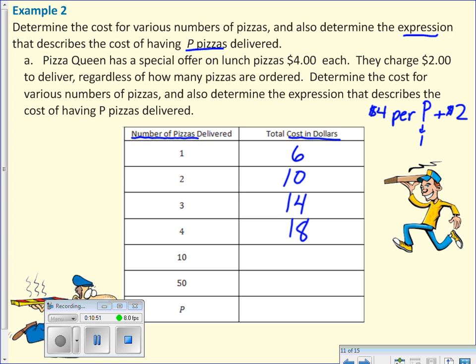So 4 times 10, plus the $2 fee in the back. 50. So 50 pizzas times $4 a pie, plus the $2 fee. $202.